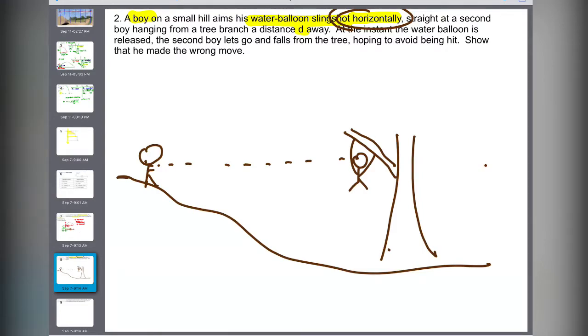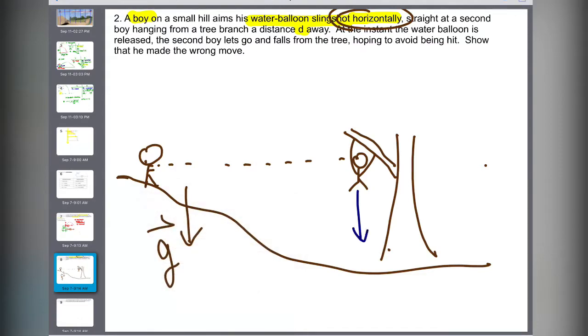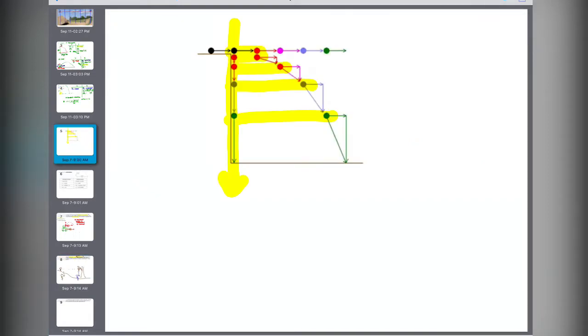As he's aiming, the bullet will not travel straight horizontally. The bullet will be under the influence of gravity, but at the same time, this boy is under the same influence of gravity, meaning the rates of falling are exactly the same. So basically, it means this picture.